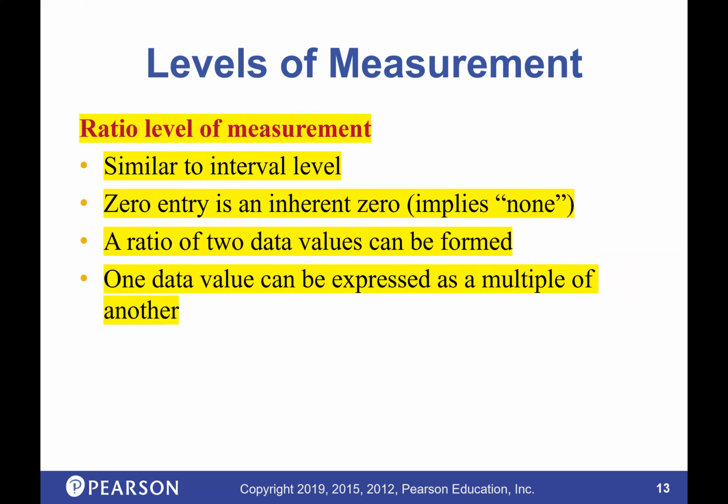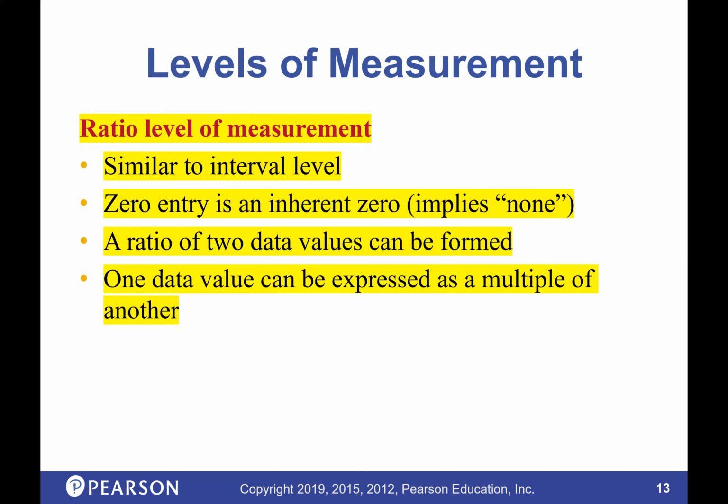In fact, this one is even more impressive because 2 is twice as big as 1, and 10 is 5 times bigger than 2. The ratio between the intervals. So the data set can be expressed as a multiple of another.